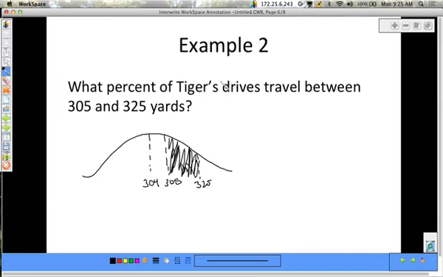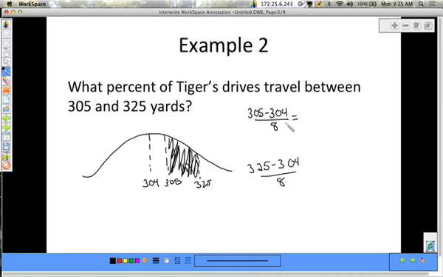So we have to find a couple z-scores here. 305 minus 304 divided by 8. So that's our first z-score that we have to find. And our second one would be 325 minus 304 divided by 8.